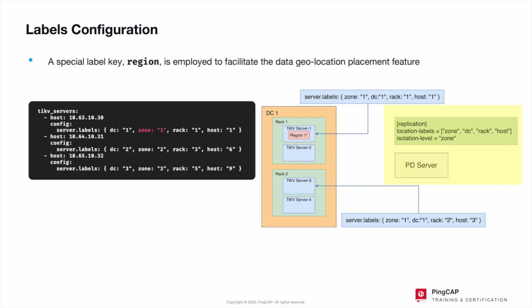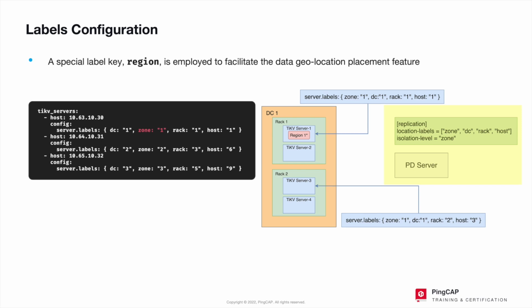Among them, DC, rack, and host respectively indicate a data center, a rack and a host. These are all physical locations or devices which are very understandable. However, zone is actually a logical concept used to denote the smallest location where a replica can be isolated, and the number of them is always the same as that of the replica.